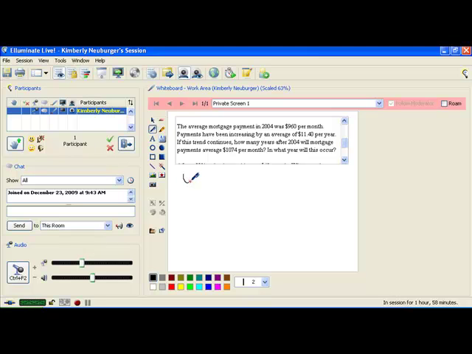It doesn't matter what you use. I'm going to say let y equal the number of years after 2004. Now, since it's the number of years after 2004, when you're in 2004, your year would be 0.